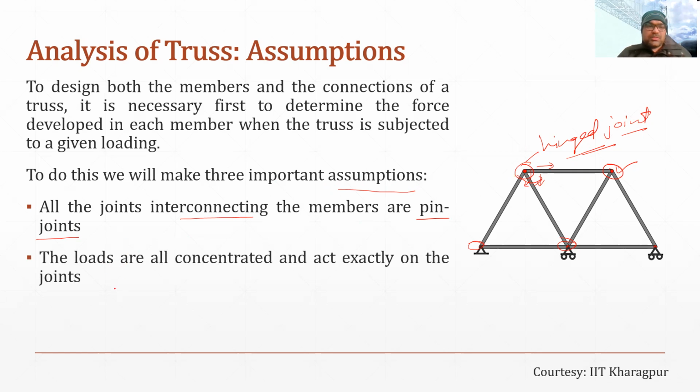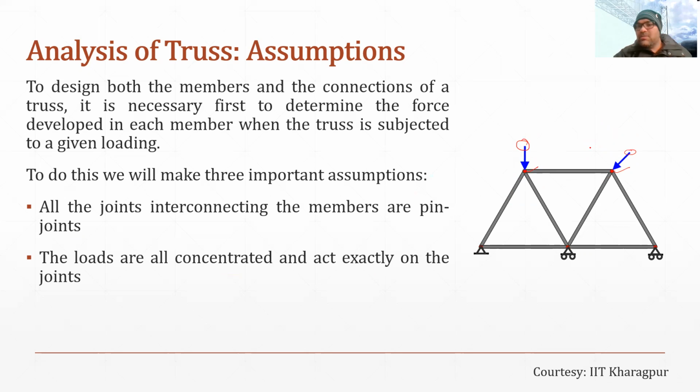Now, the second assumption is that the loads are all concentrated loads and they act exactly on the joints. So all the loads acting on this truss will be acting at the joints only, like this. You can see this is the load which is acting on this joint and this is the load which is acting on this joint.